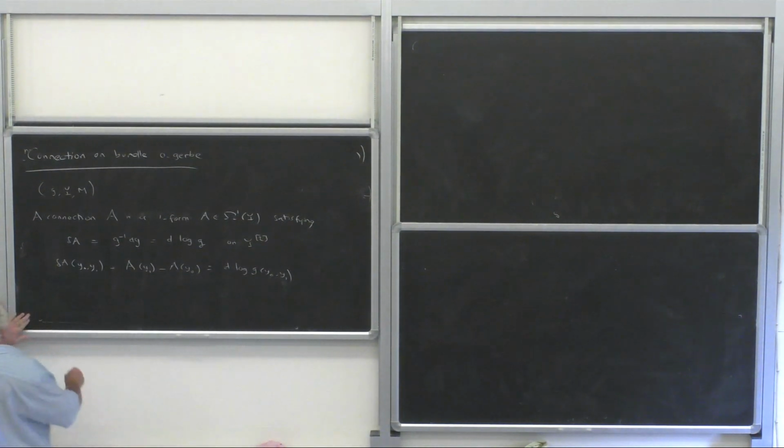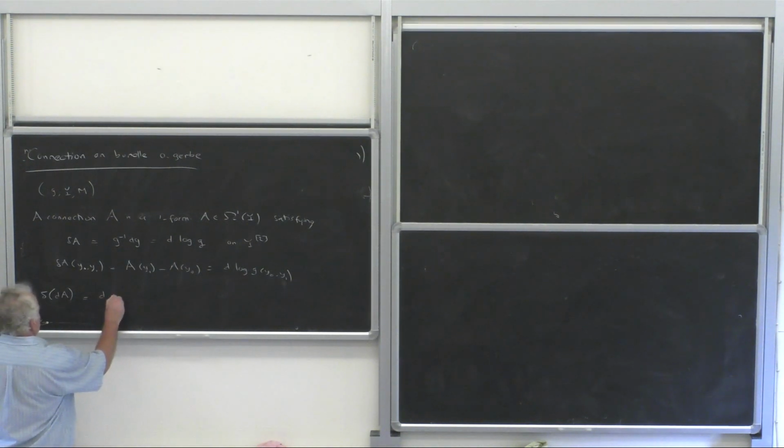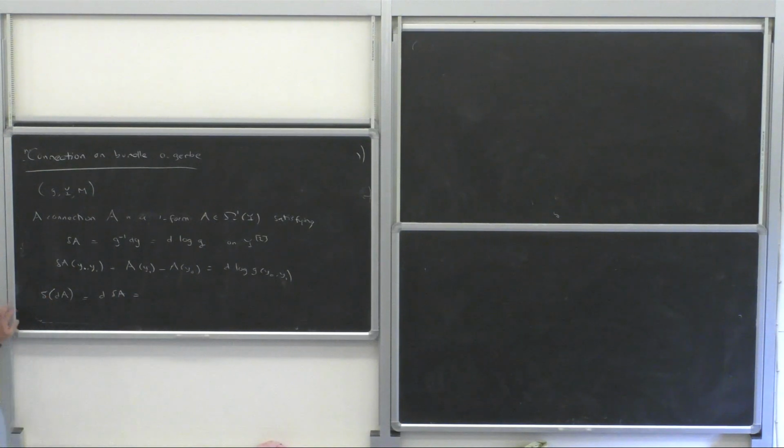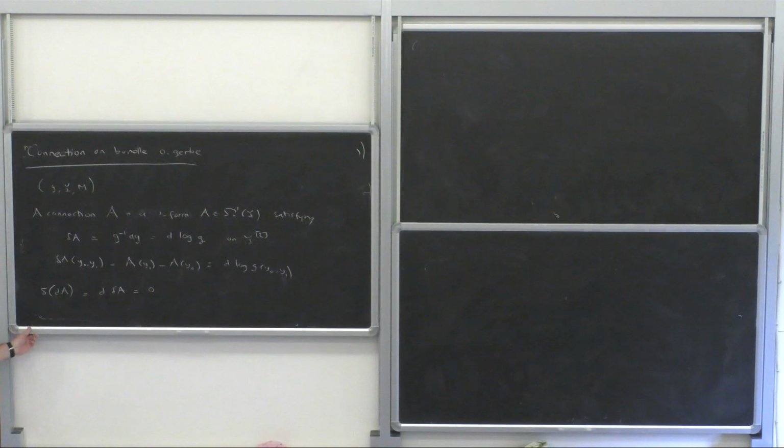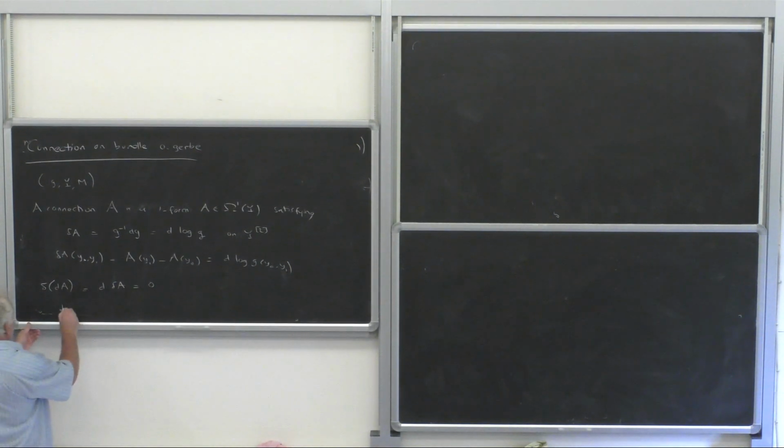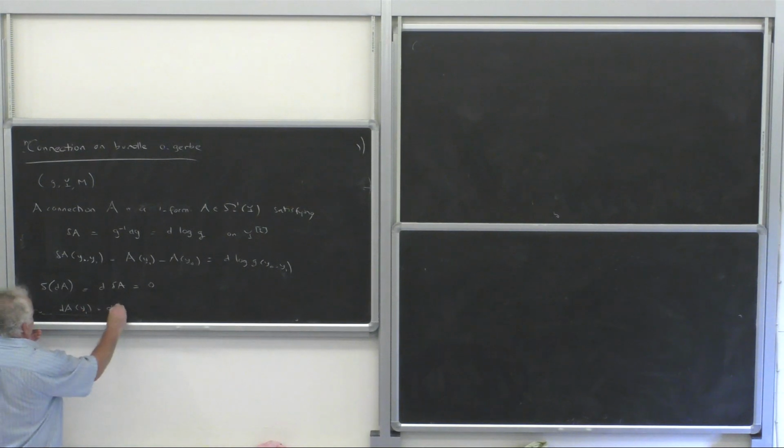Okay, well, if this is the case, then the d of A, so that's a 2 form on Y. Well, the d and the delta commute, so this is the d of the d log, so this is 0. This implies that the d of A in Y1 is the d of A in Y0.